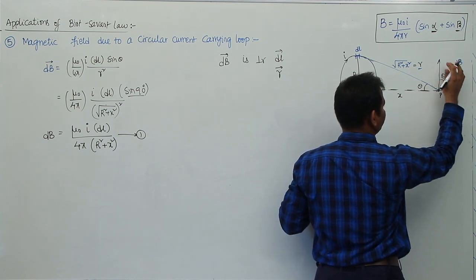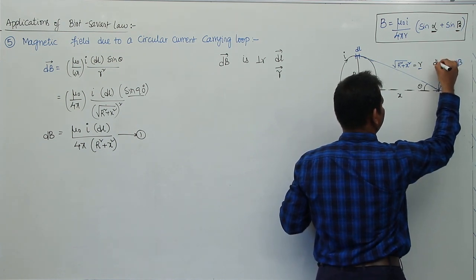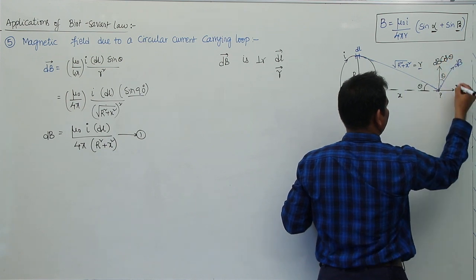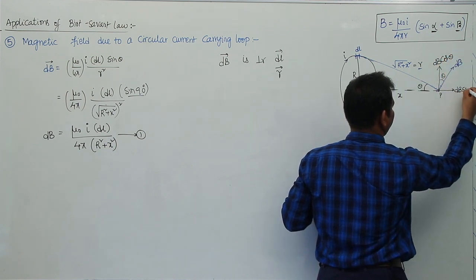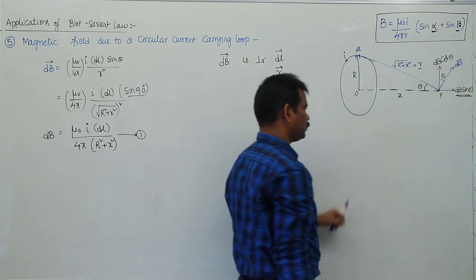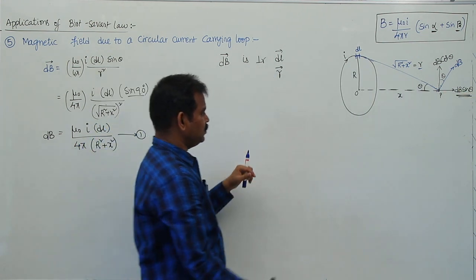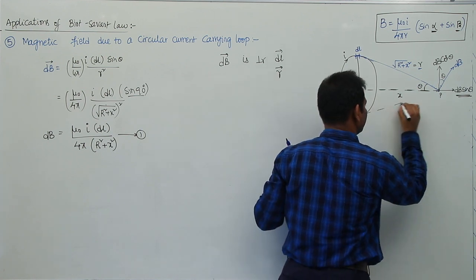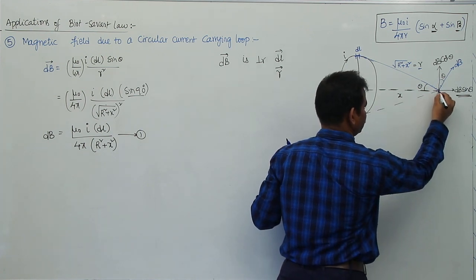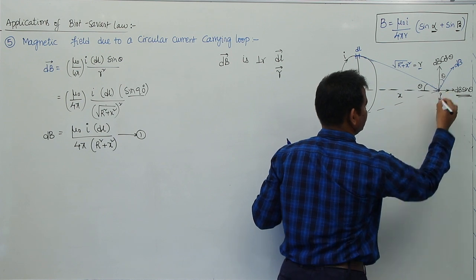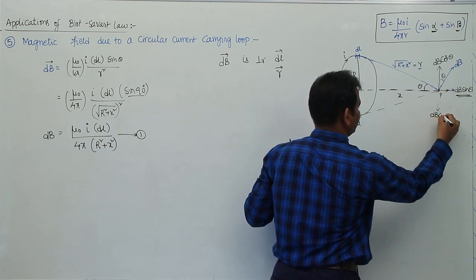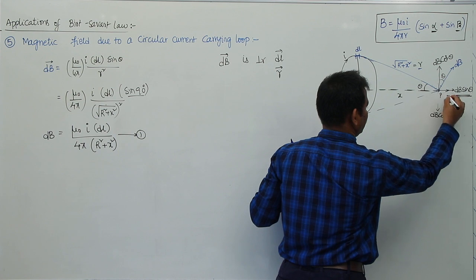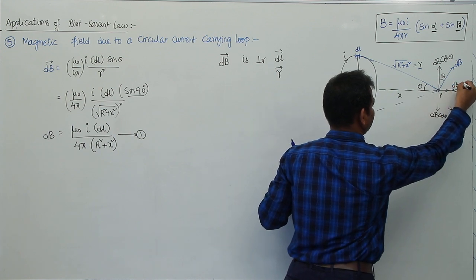So dB can be written as dB cos theta and dB sin theta. Similarly, if you consider one more small element of length dl, dB will act like this, with components dB cos theta and dB sin theta.